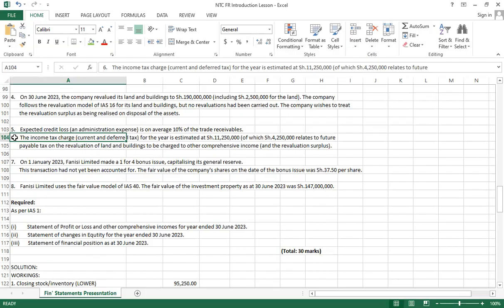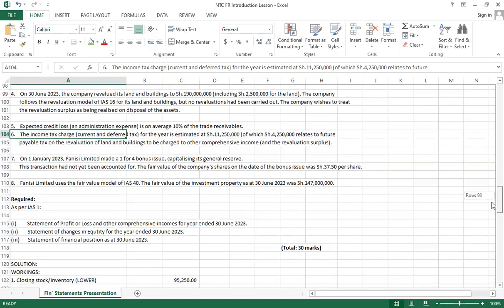Note number 6 says that the income tax charge, this comprises current and deferred tax, for the year is estimated at 11,250, of which 4,250 relates to future payable tax on revaluation of land and buildings to be charged in other comprehensive income, in bracket, the revaluation surplus.